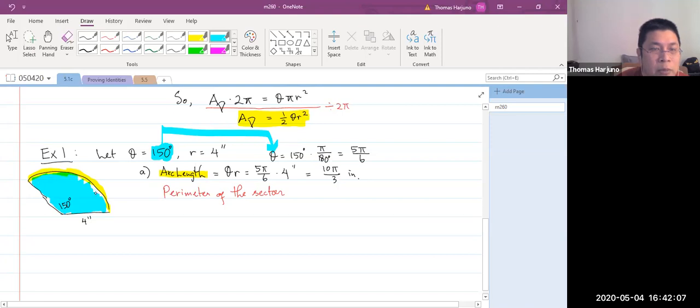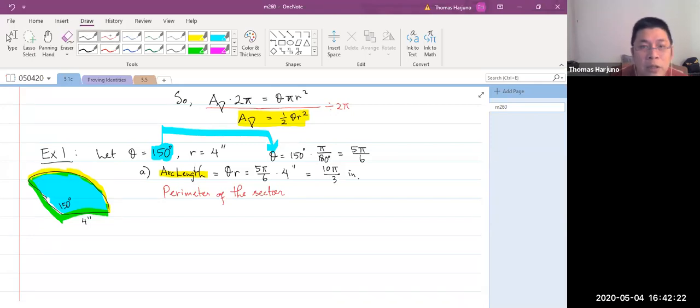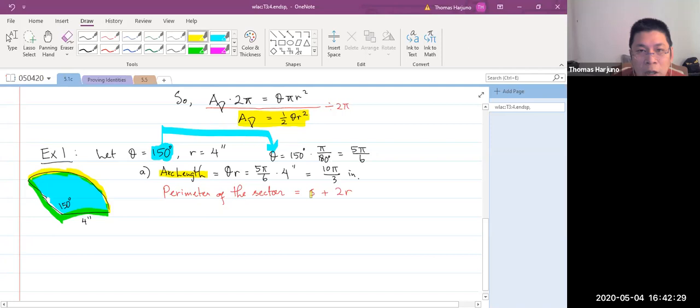Now, the perimeter refers to the yellow part plus this part here. So the perimeter of the sector will be equal to the arc length plus twice the radius, right? This is the arc length, and this is twice the radius. That will be 10 pi over 3 plus 8 inches.